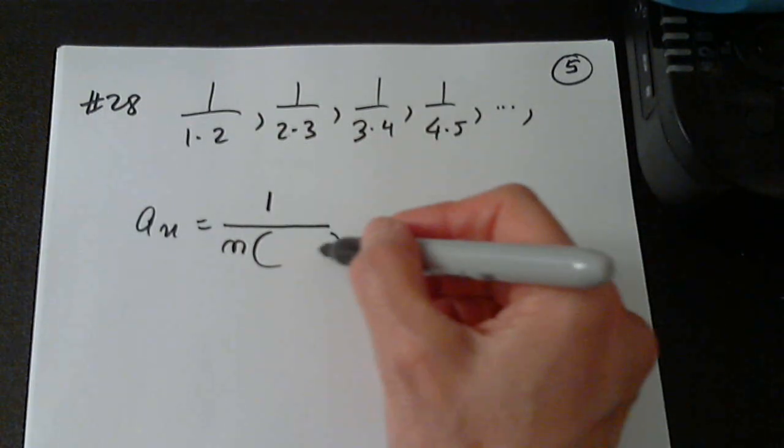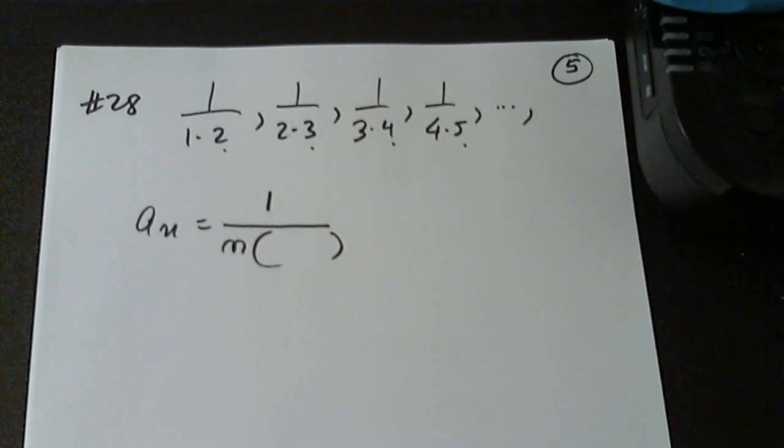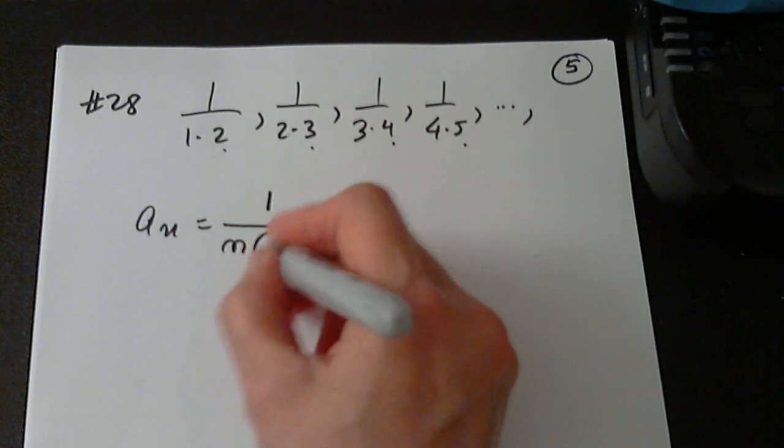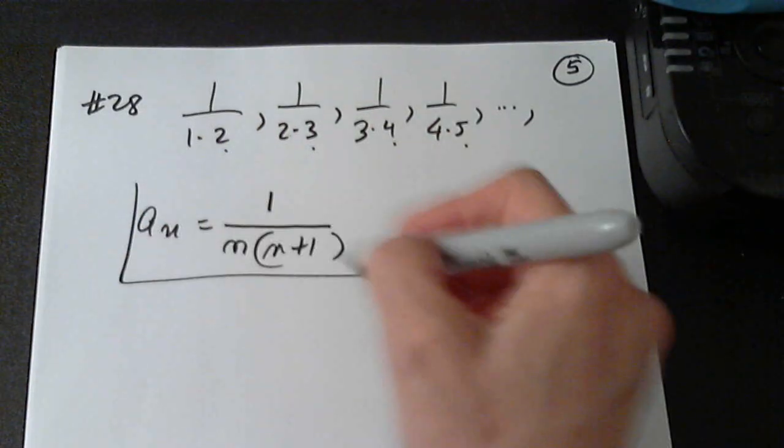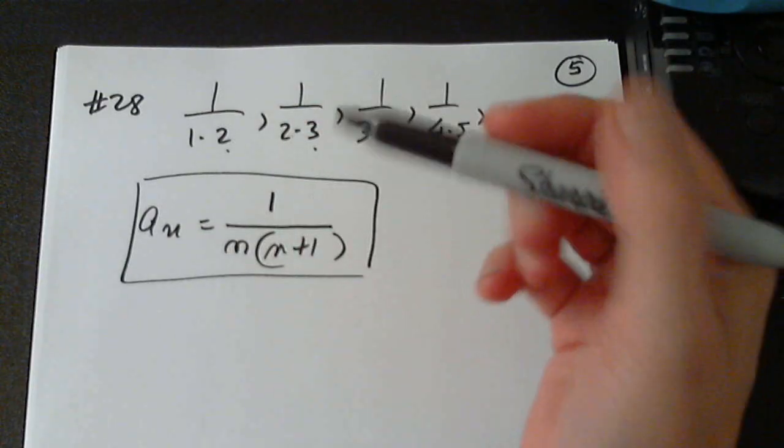Can anyone tell us what to write in parentheses to signify this? Anyone would like to try? N plus 1. That's it. You can always take a moment and see if everything works fine.